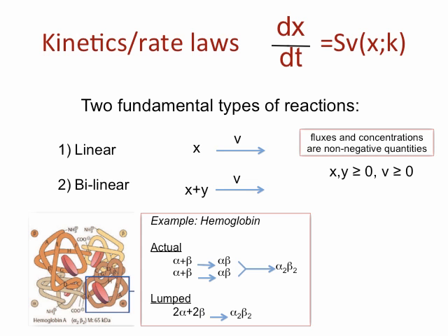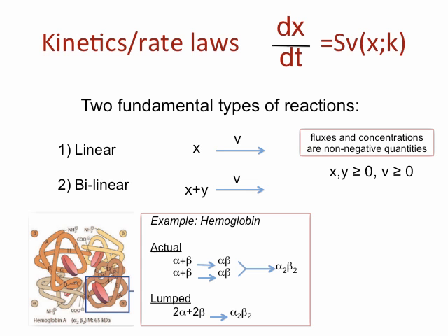First, an alpha chain combines with a beta chain to form what's called a heterodimer of alpha and beta. Then two of these heterodimers react to give us the tetramer, the heterotetramer. So the assembly of this molecule is actually a series of 3 bilinear reactions.